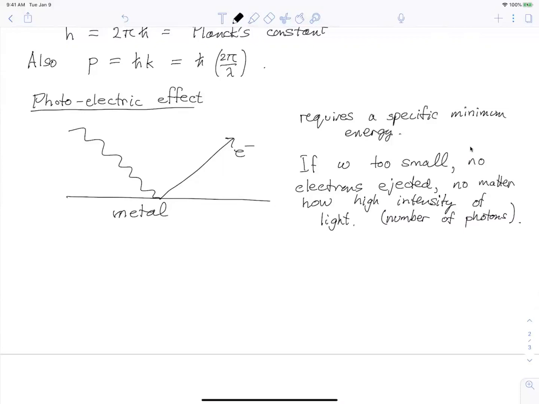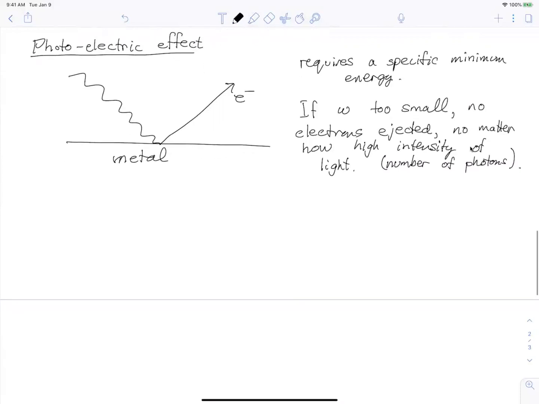So instead, what happens is if you graph the minimum kinetic energy, I'm going to write Ke for kinetic energy, as a function of the frequency for this. And this is going to be, for example, for zinc.